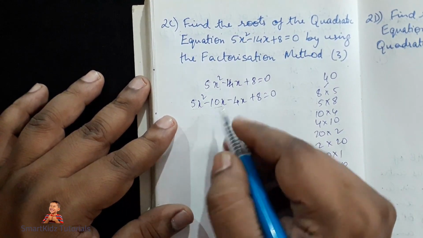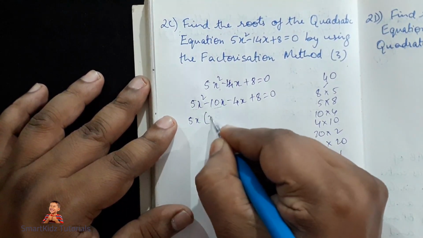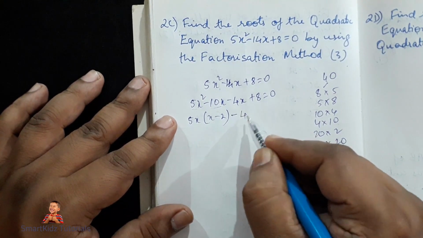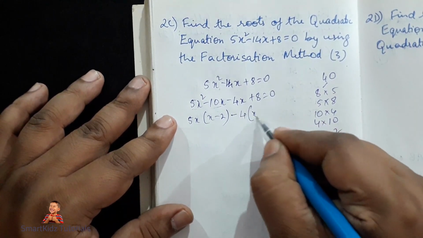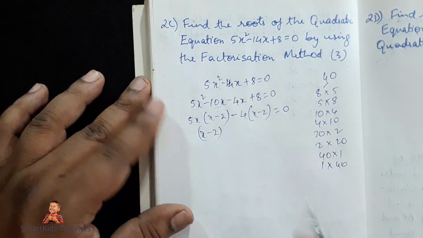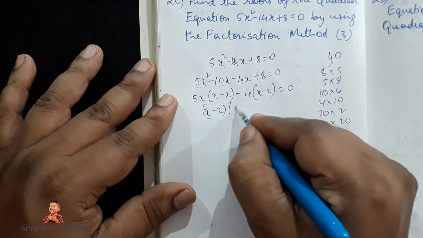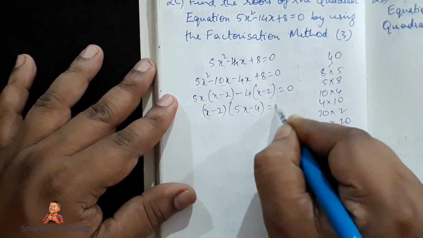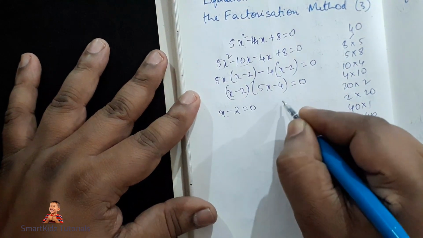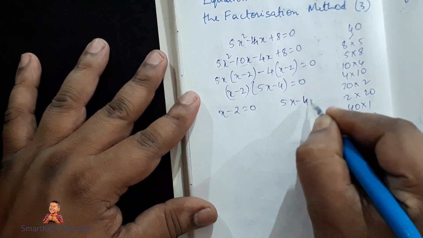We take 5x common from here. What is left is x minus 2. Similarly, if we take minus sign common and 4 common from here, we are left with x minus 2. Take out x minus 2 as common for both, and we are left with 5x minus 4 equal to 0. Now we take x minus 2 equal to 0 and 5x minus 4 equal to 0.